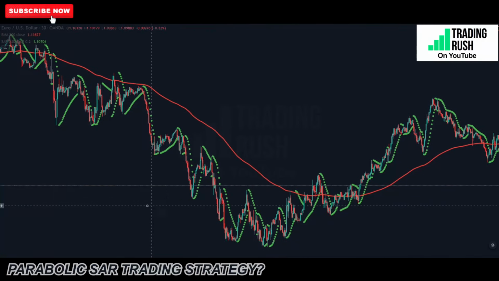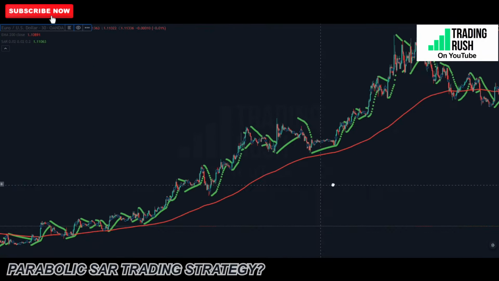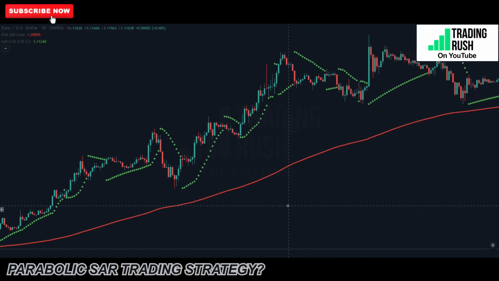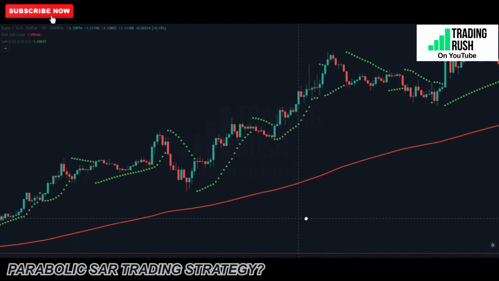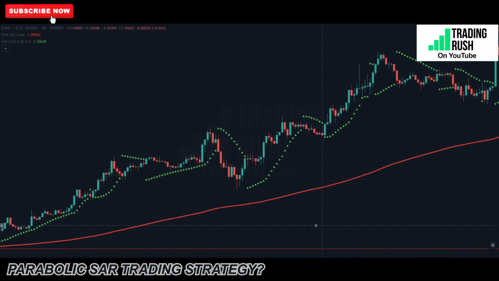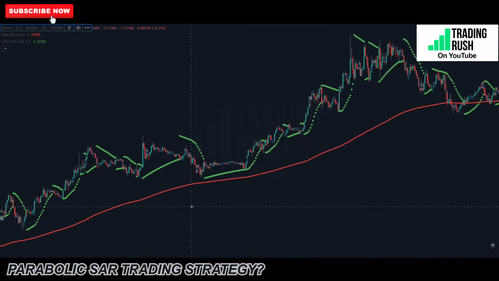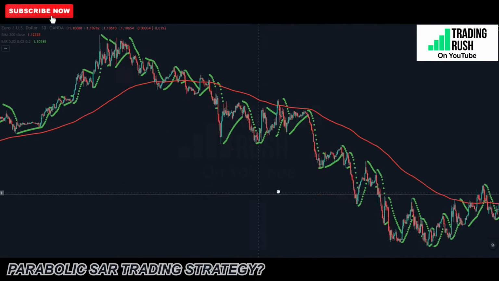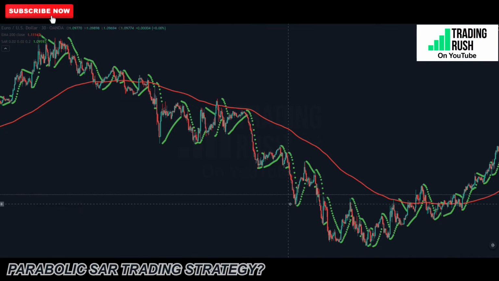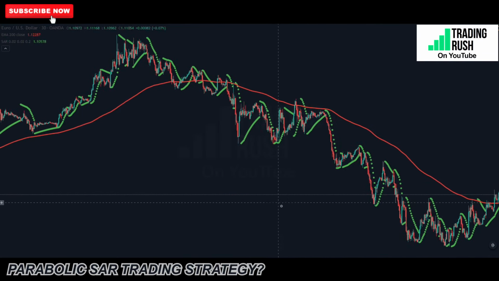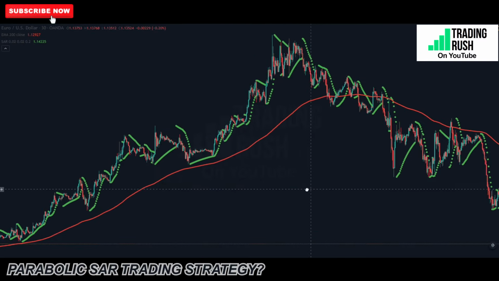If the market is trending upwards, the 200-period moving average will act as a support. And if the market is trending downwards, the moving average will act as a resistance. Furthermore, if the price is above this moving average, the market is considered to be in an uptrend. And if the price is below it, the market is considered to be in a downtrend.